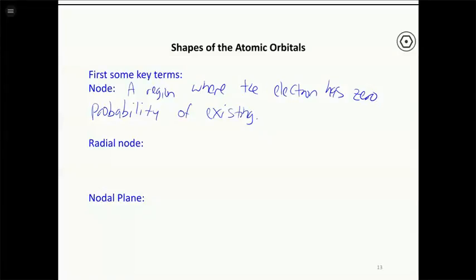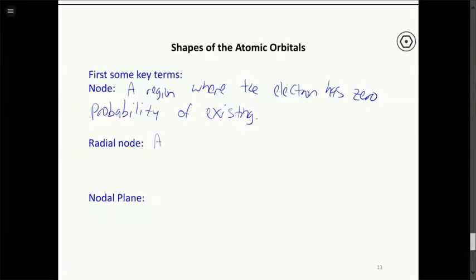So a node is a region where the electron has 0 probability of existing. We didn't see that for the hydrogen ground state, but for many orbitals this is the case. You have some place where the electron can exist. And there are 2 kinds of nodes we want to learn about.